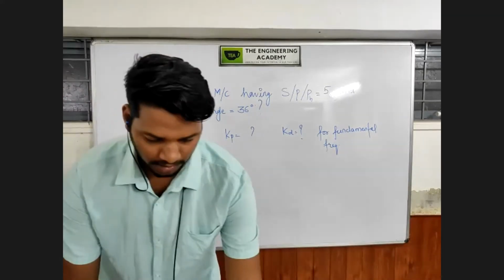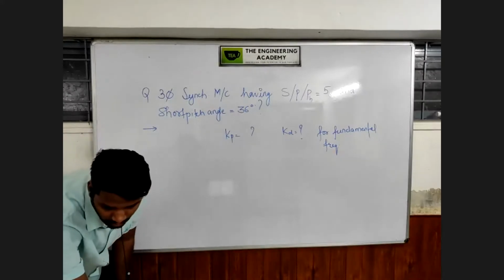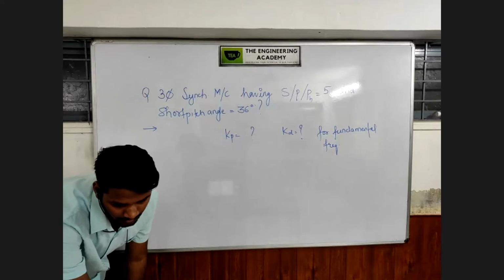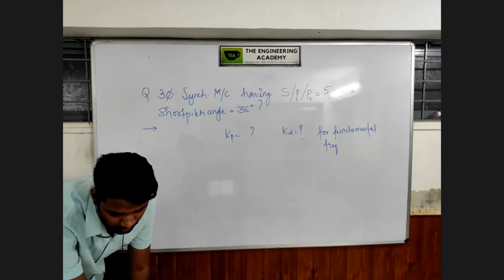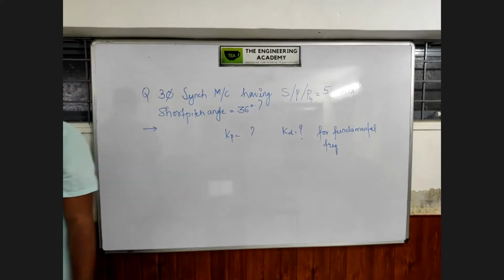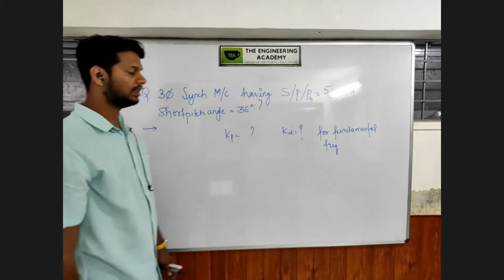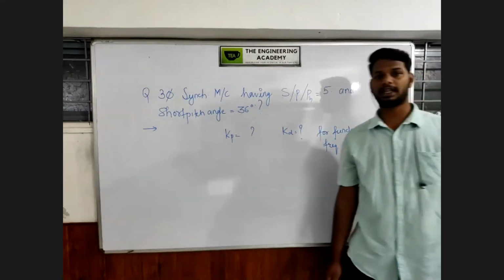I'll wait for a while. Please give the answer. Even if it is wrong, tell me, we'll discuss how it is wrong. Don't use an engineering calculator; instead, go for a virtual calci.